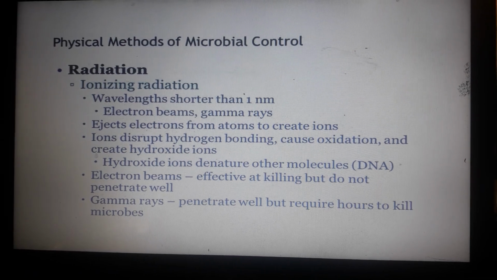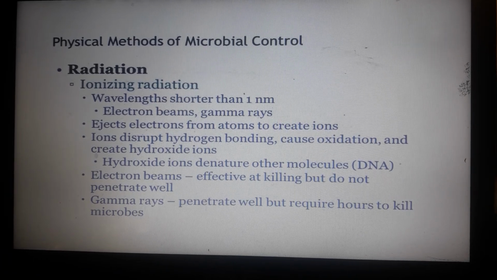The product of that oxidation process, the hydroxyl ions, will tend to denature other molecules, especially DNA. So that will already affect the multiplication of the bacteria. The hydroxyl group will bond with the DNA, that will denature or degrade the DNA.